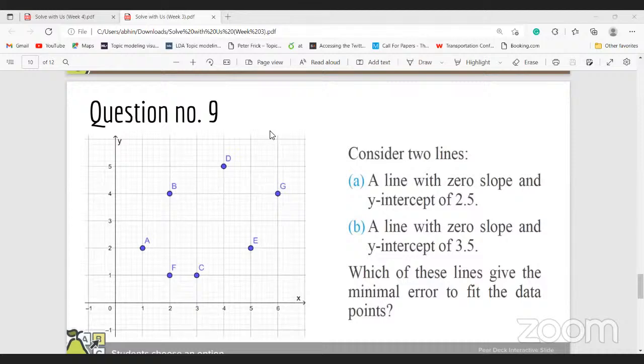Again, this is a very easy question. Read it, try to solve it, or at least the approach should be clear.